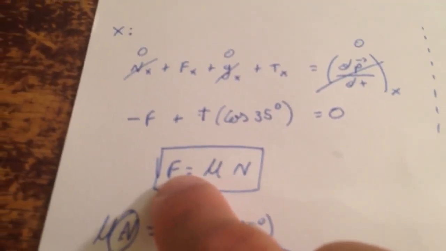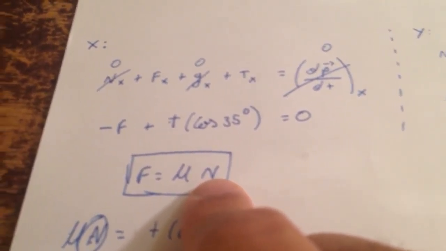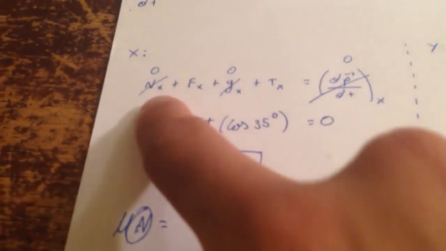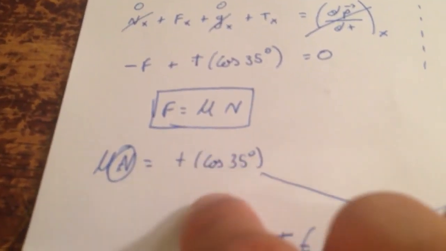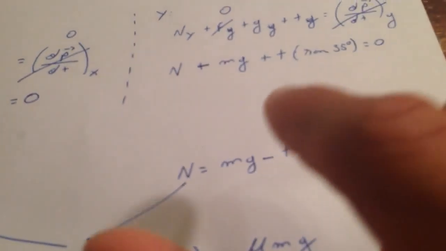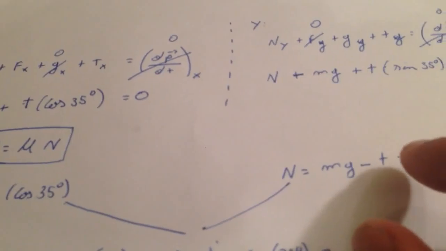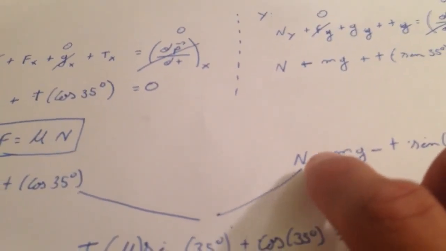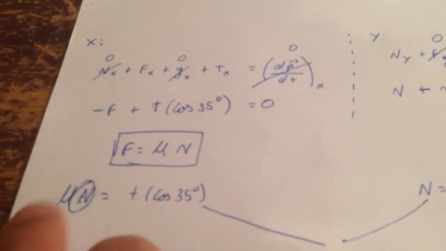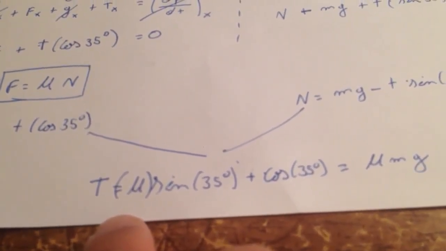Now I know that the frictional force equals the friction coefficient times the normal force, and I substitute here so that friction coefficient times N equals T cosine 35. Because I have two unknowns, N and T, I solve for N and plug it in.